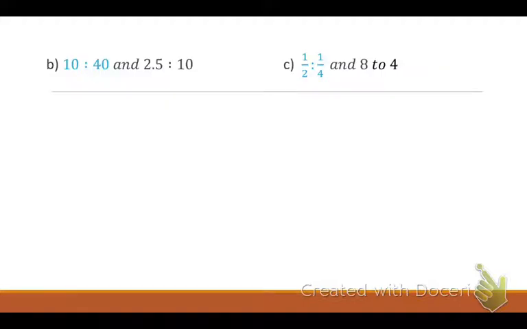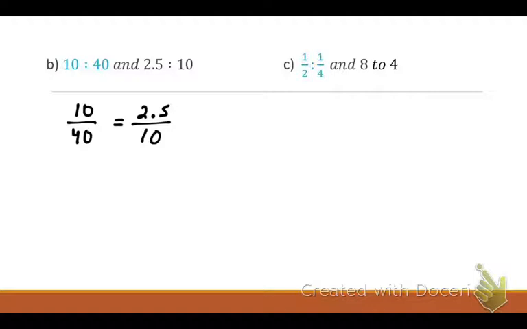Problem B says 10 to 40 and 2.5 to 10. Just the girls. How do I write 10 to 40 as a fraction? 10 over 40. And remember, we're trying to see if they're proportionate, so I'm going to put an equal sign there. And boys, what is that? It equals 2.5 over 10.